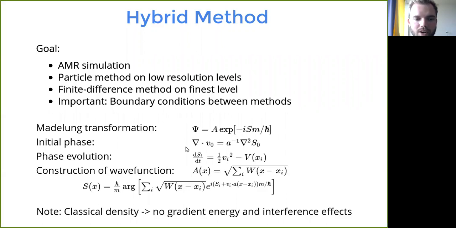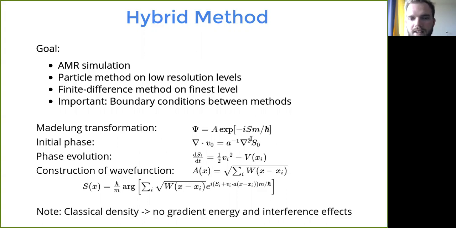And therefore, our initial phase, as can be seen here in the second equation, can be constructed from the density field simply by using the divergence of the velocity and associating that to the Laplacian of the phase. And then we use the Poisson solver in ENZO or NYX or another cosmological code and reconstruct the initial phase from that.